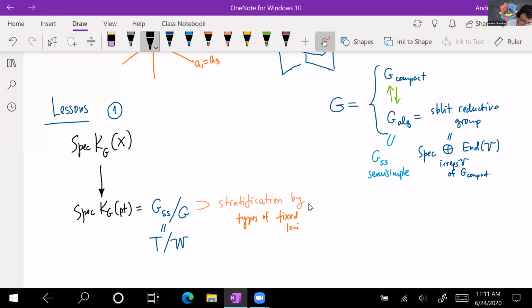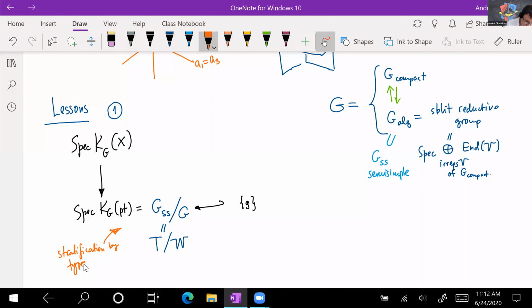If I have some element G here, this is my stratification by types of fixed loci.